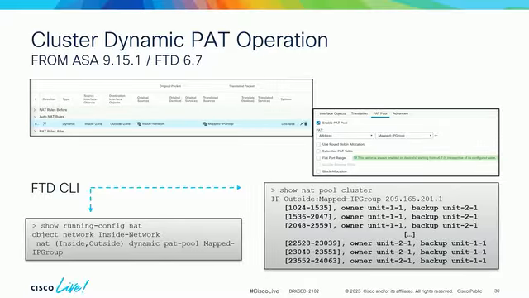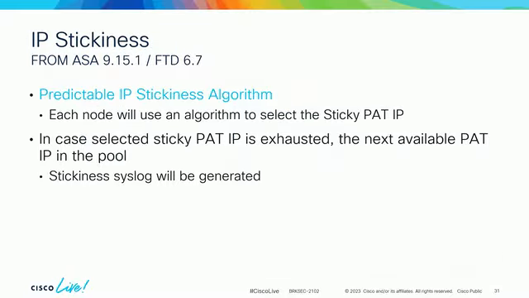And with this new model of operation, IP stickiness is now achievable, because each unit in the cluster will use a stickiness algorithm to determine the IP address to be used to translate traffic from a specific host.